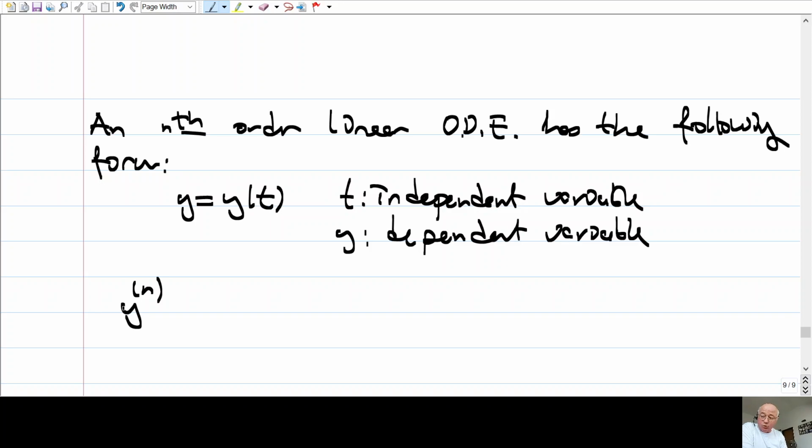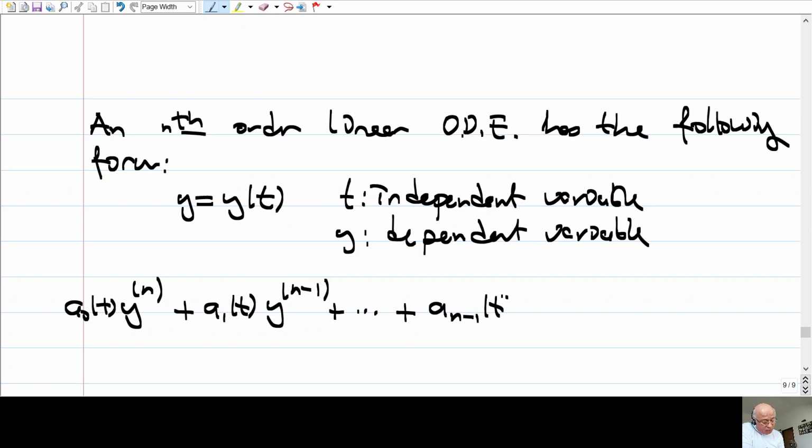So the coefficient of this could be a function of time, but that's it. Okay? And then another, possibly a function of t times the n minus first derivative, and it will go like this up to the first derivative, right?